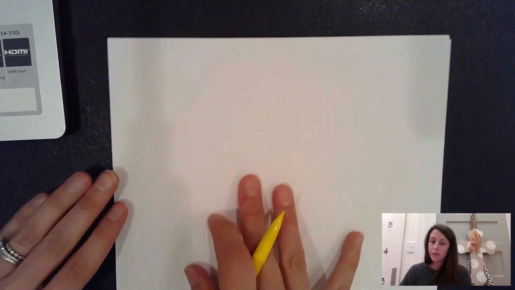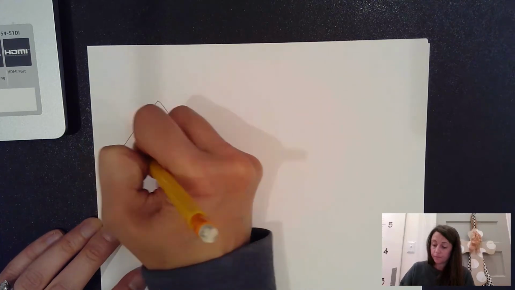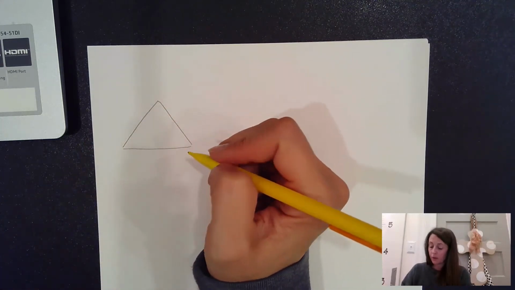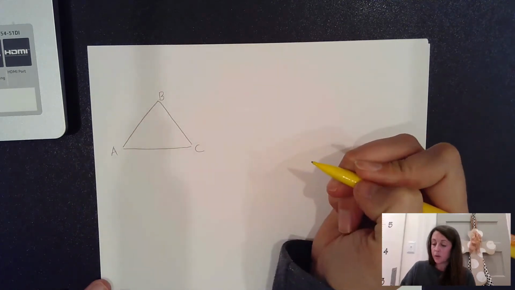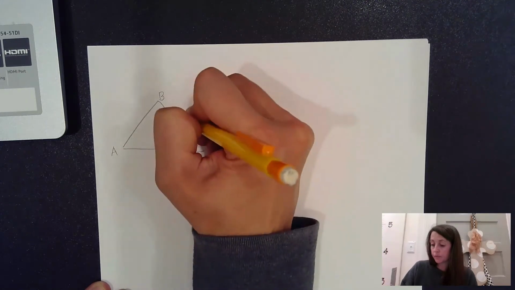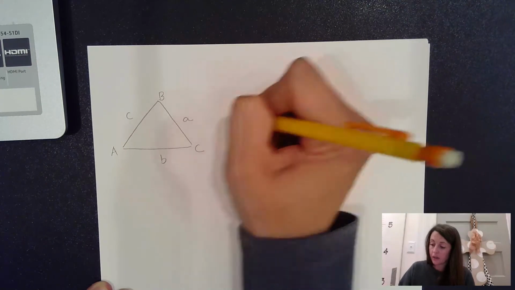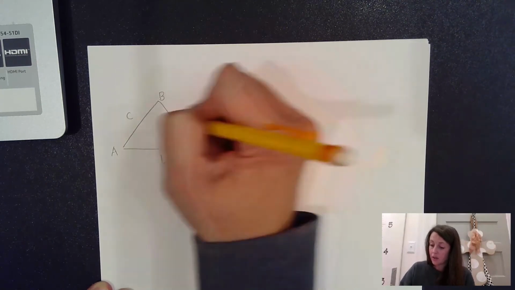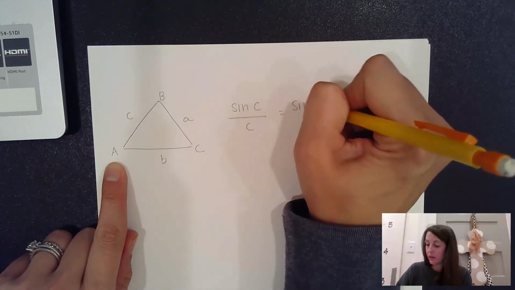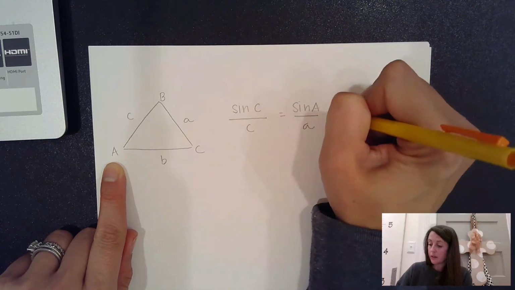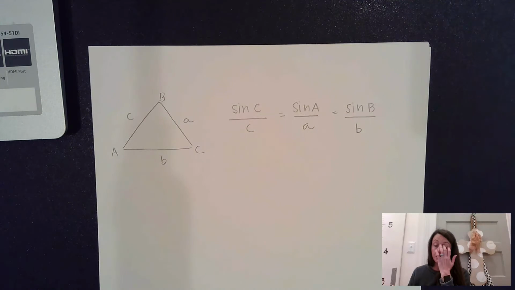And if you don't have a right angle, then you can use law of sines. So you could say sine of angle C over side C equals sine of angle A over side A, which is also sine of angle B over side B. So all of those are equal to each other.